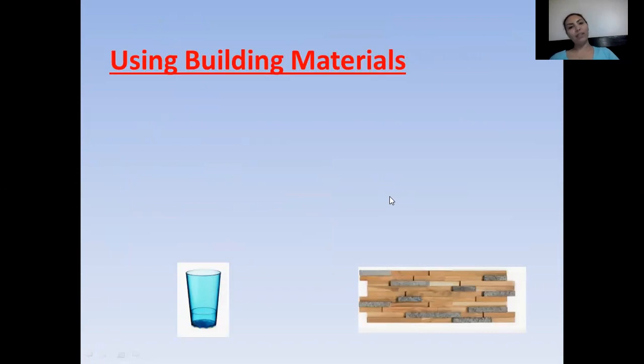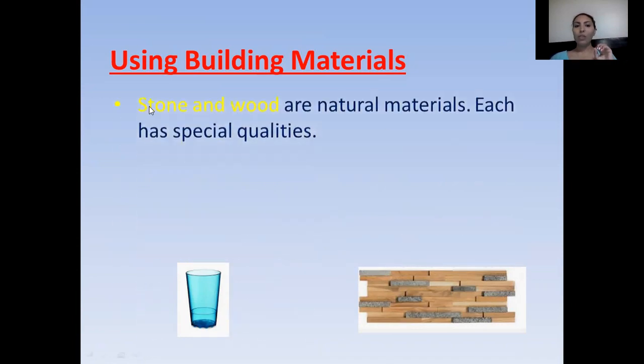Using building materials. Of course, we know that scientists modify materials to use them for some purposes, like here, stone and wood. Stone and wood, like in this picture, are natural materials, and each has special qualities.